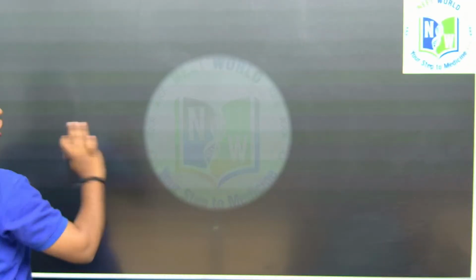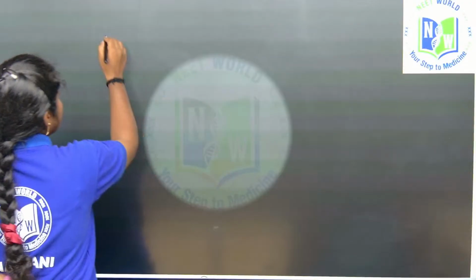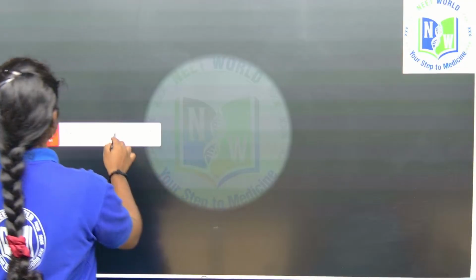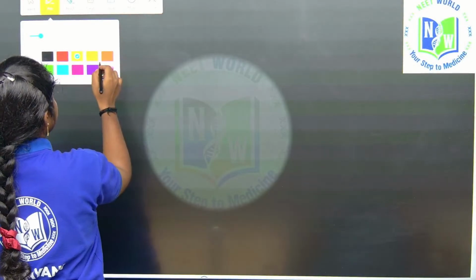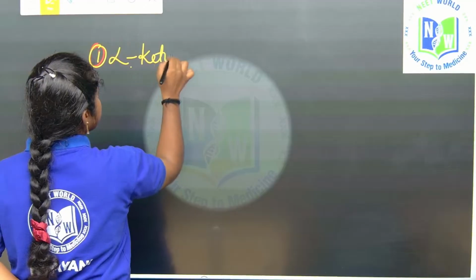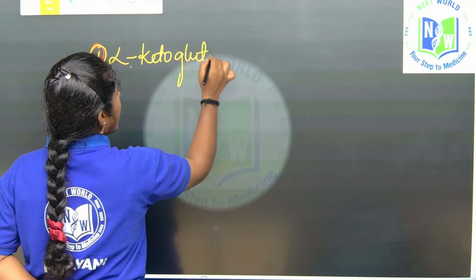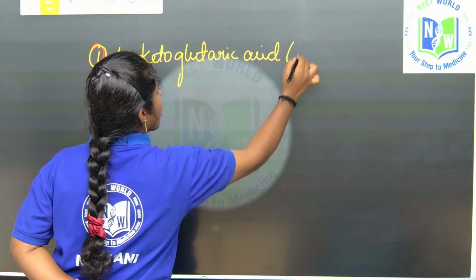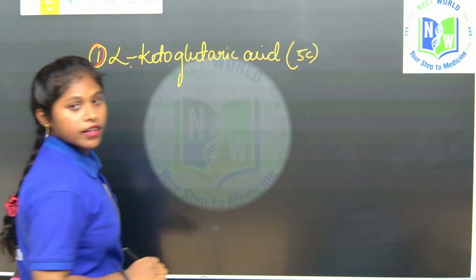Among all the compounds, one is the 5 carbon compound. What is that? Alpha ketoglutaric acid is the only 5 carbon compound present in the Krebs cycle, right? Got it?